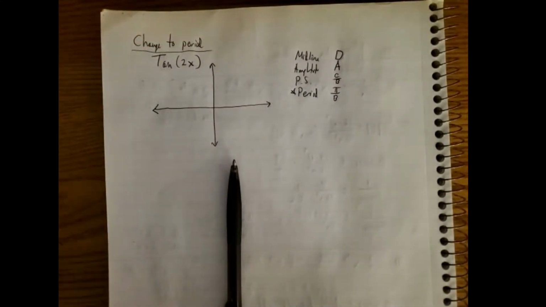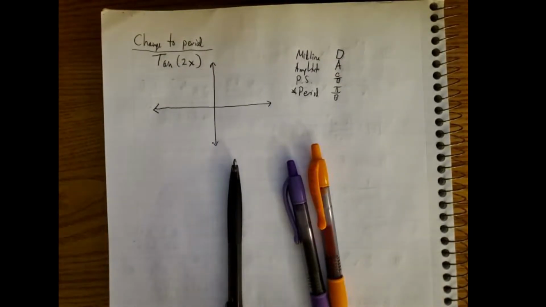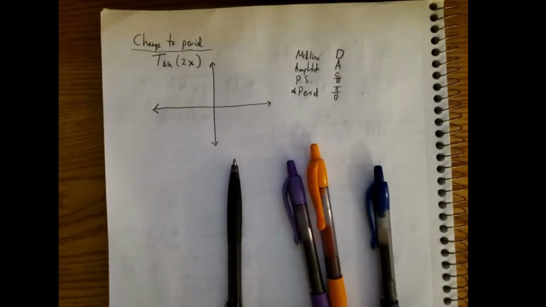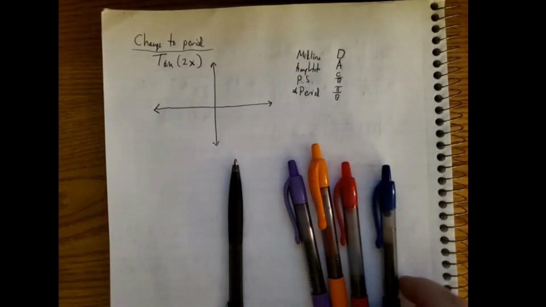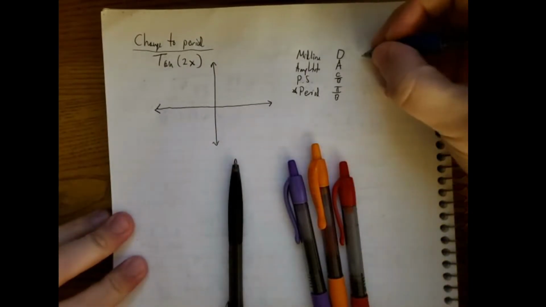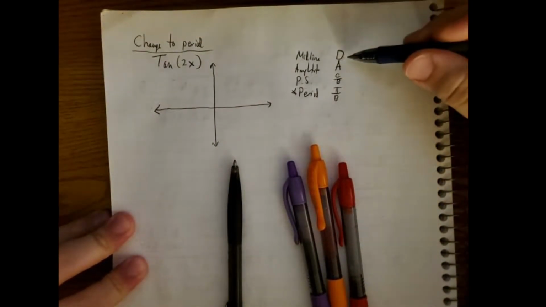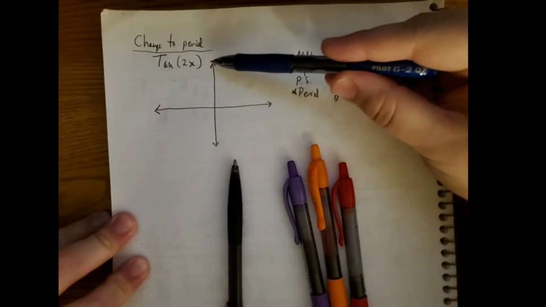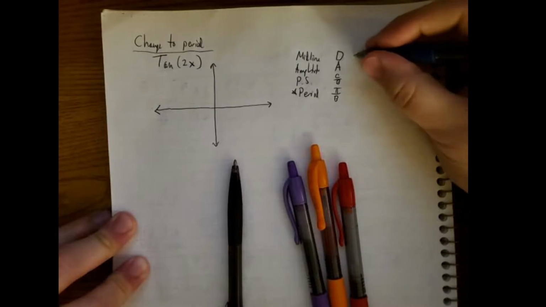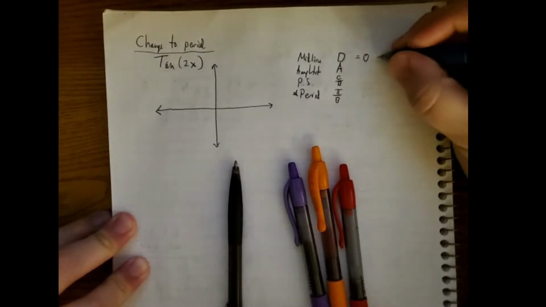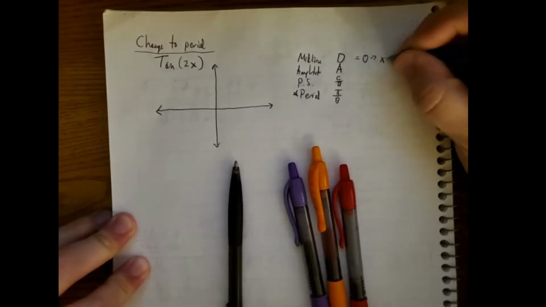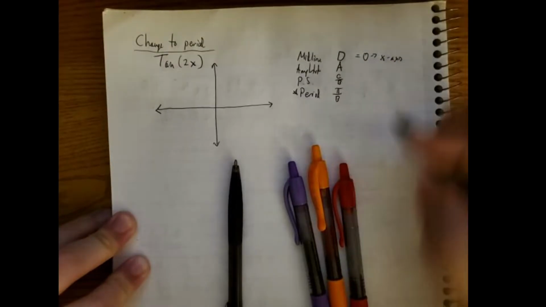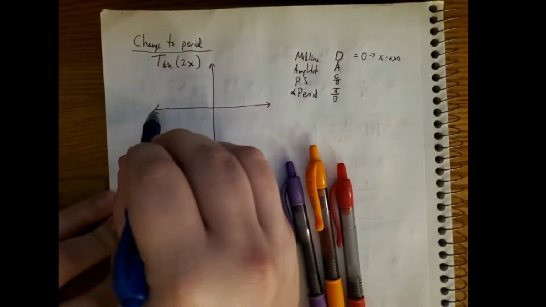And so I'm going to use some little colors here. All right, let's do it. So let's do it one at a time. Midline. So in this case, the midline is based upon the value of d. Remember, d is the value that is added on the outside. Since I see no value here, I'm going to assume the midline's value is 0, and therefore this will be on the x-axis, which is common for a lot of these functions, but not all.